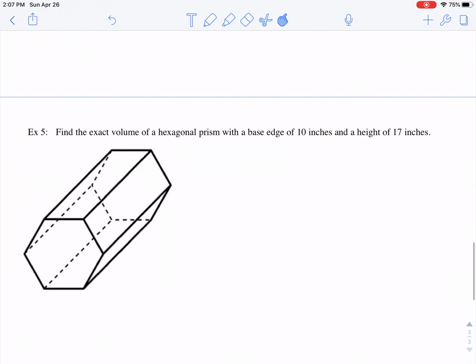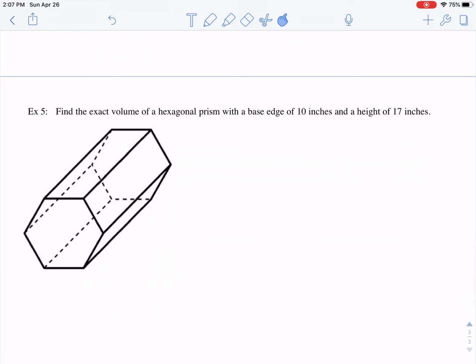Okay, now, this is a preview of a question I'm going to ask you to do tomorrow. So I want you to think about what shape is the base, if you're going to find the volume of this hexagonal prism. The area of the base is going to be the area of what shape? Well, it's going to have to be this hexagon, right?